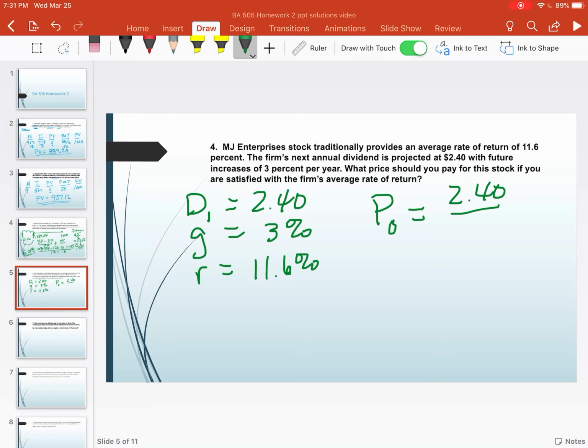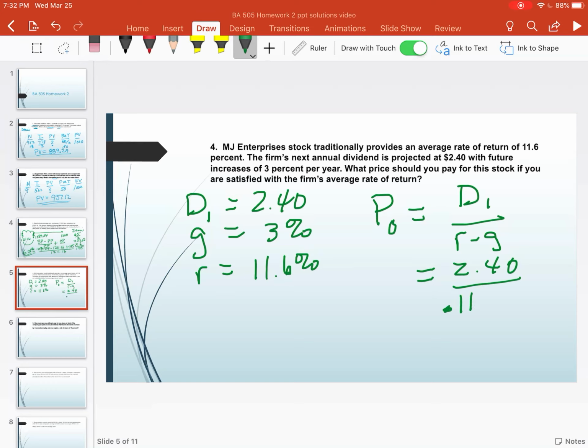And in that case, let me just write the full formula down for you again. So in that case, our formula is D sub 1 divided by our required return, R minus G, okay? And in that case, D sub 1, again, we know is 2.40. And when we divide that by R, in this case is a percent, and we enter it in the formula as a decimal.